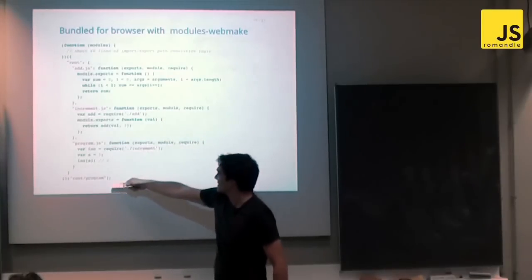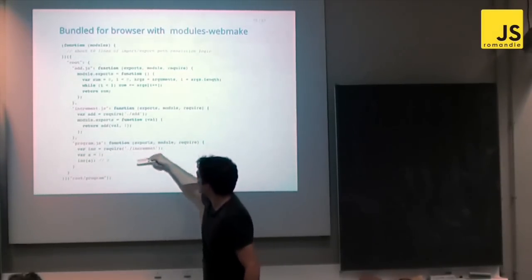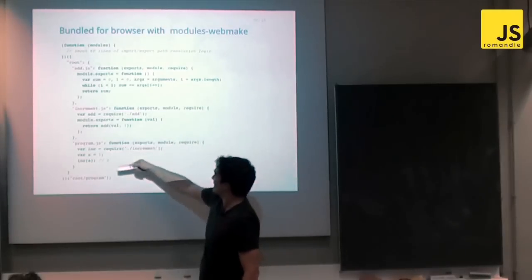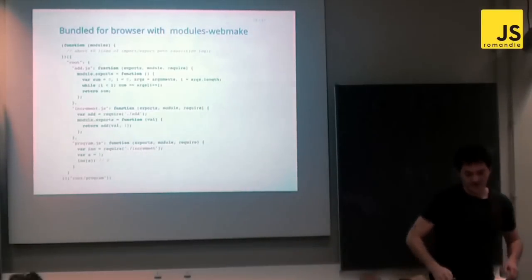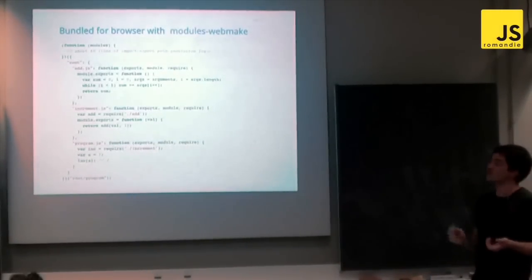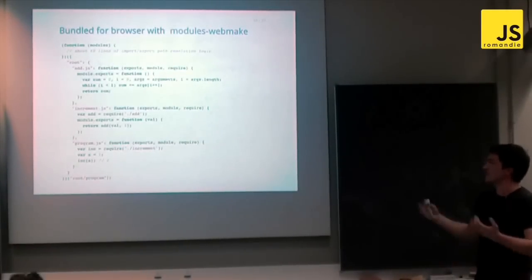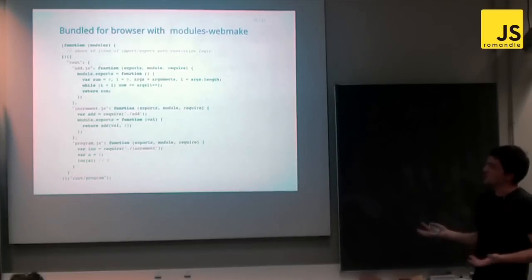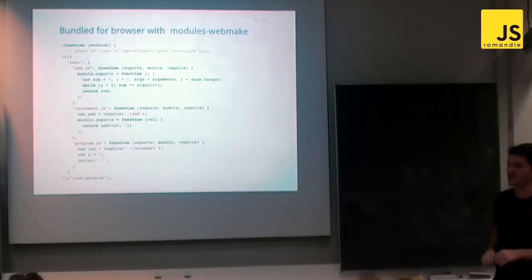This logic, which is commented out, runs this and passes requires, which then passes the other modules. That's how it works internally. If you know how Node.js modules work, it should be quite obvious. If you don't, that's probably a speech for another time. It could be a whole speech about module systems, and I don't want to go into too much detail now.